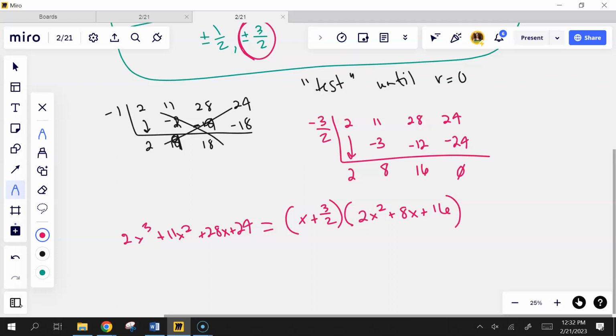So now I can finish factoring and find the zeros. And maybe I can factor it, maybe I have to use quadratic formula, but I at least am down to a quadratic now, and I know I can solve a quadratic. So I have x plus 3 halves. I'm going to pull a 2 out of here first and just throw it in the front.